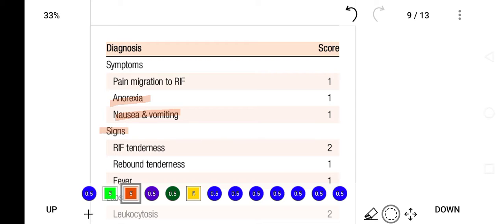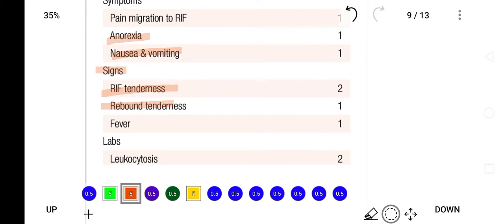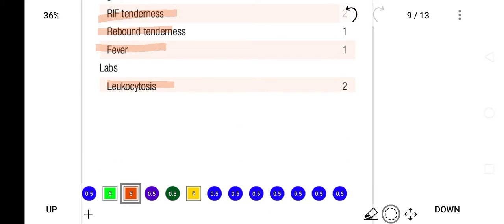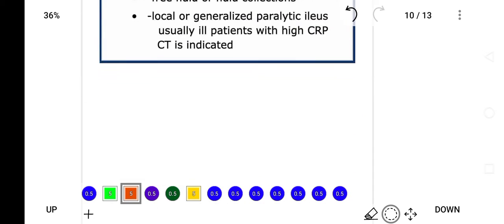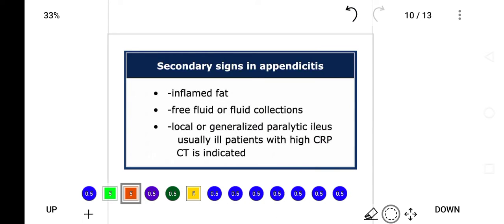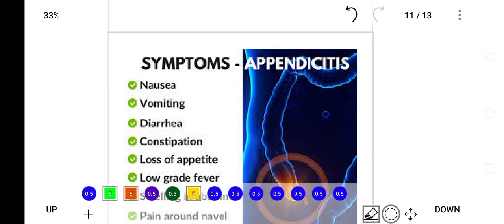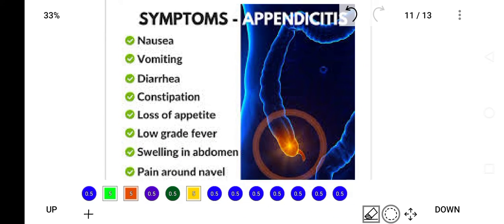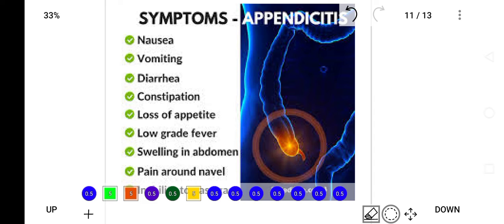So these are positive in a patient of appendicitis. Secondary signs will be inflamed fat, free fluid collection, localized or generalized paralytic ileus, and elevated C-reactive protein. By these clinical features, we diagnose appendicitis and treat the patient accordingly.